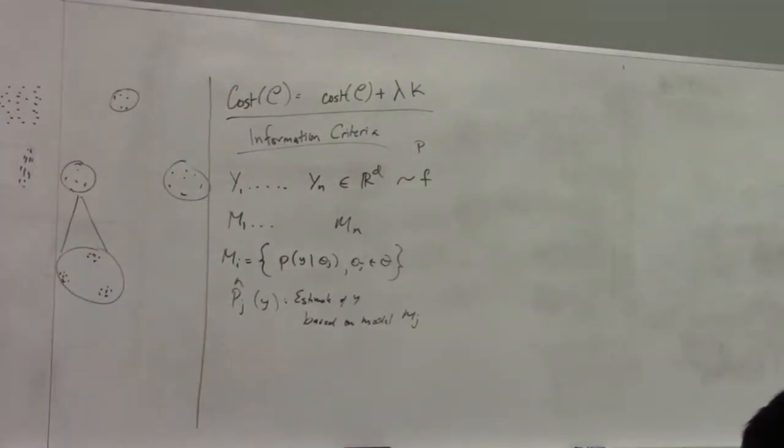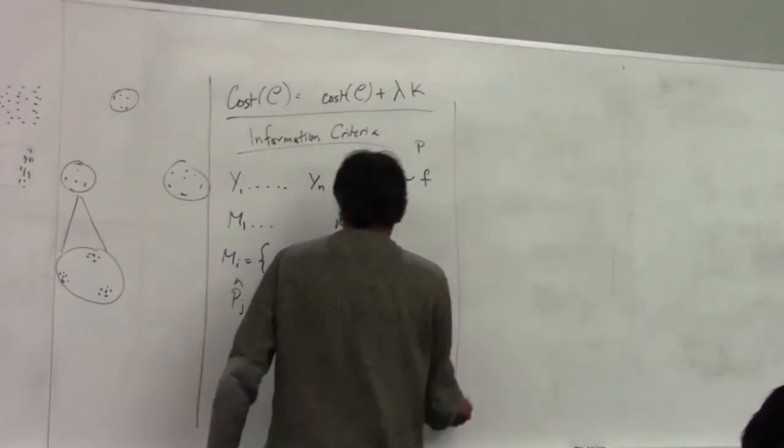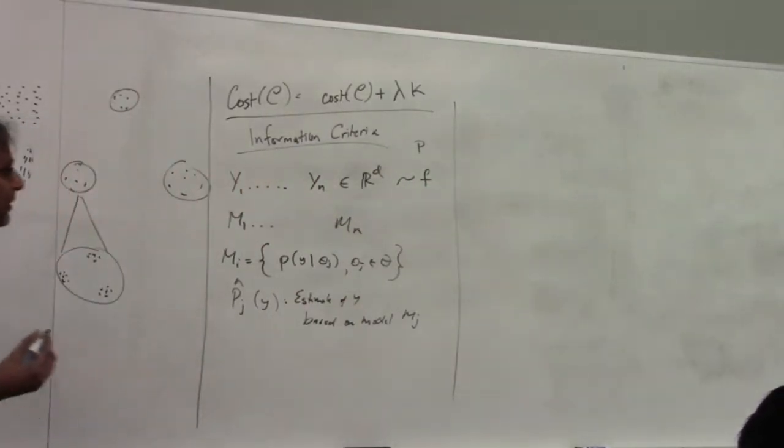So you want to pick one of these things. They're all going to be plausible models of the data, and you want to pick one. And so one way to say it is that there's this true model, which is P, and there's all these models you've estimated. You want to find the one that's closest to your true model.